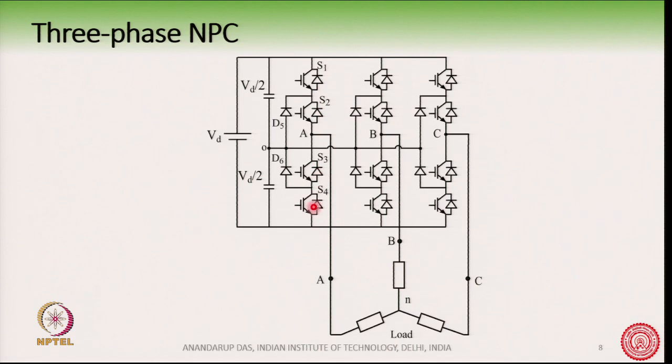There are 4 transistors with antiparallel diodes along with 2 clamping diodes D5, D6, and similarly in the B phase and C phase you have clamping diodes. We will now see the detailed operation of this converter.